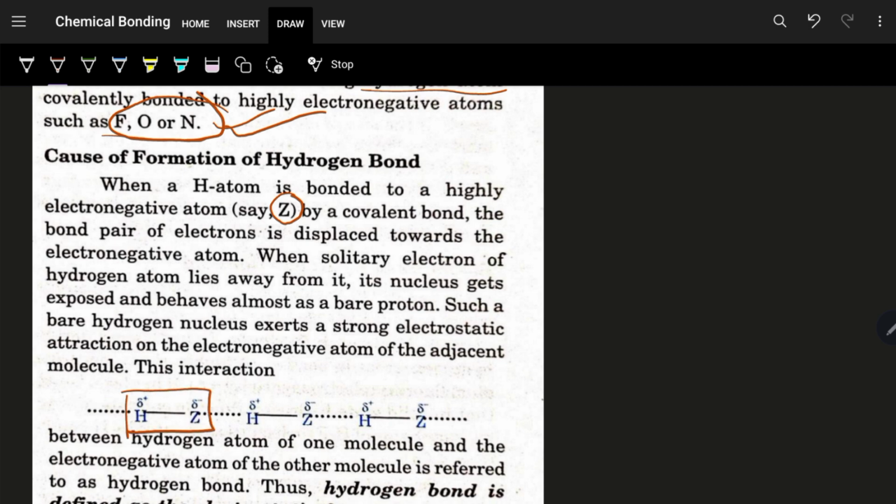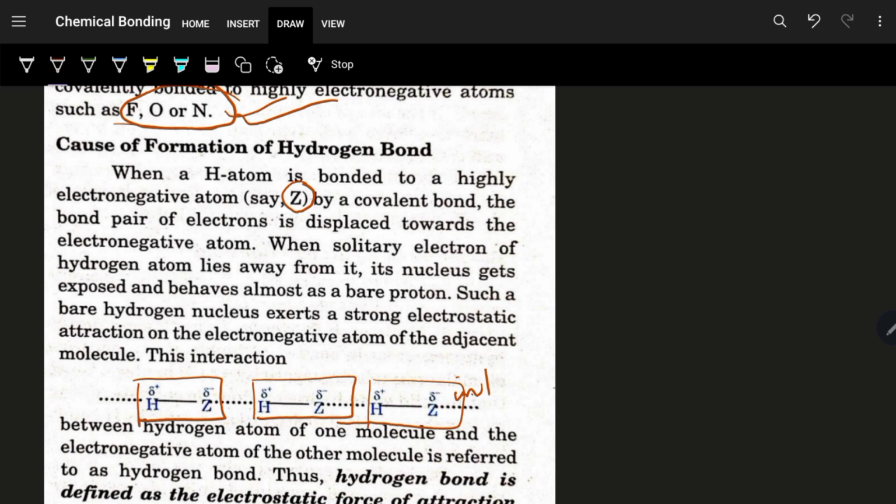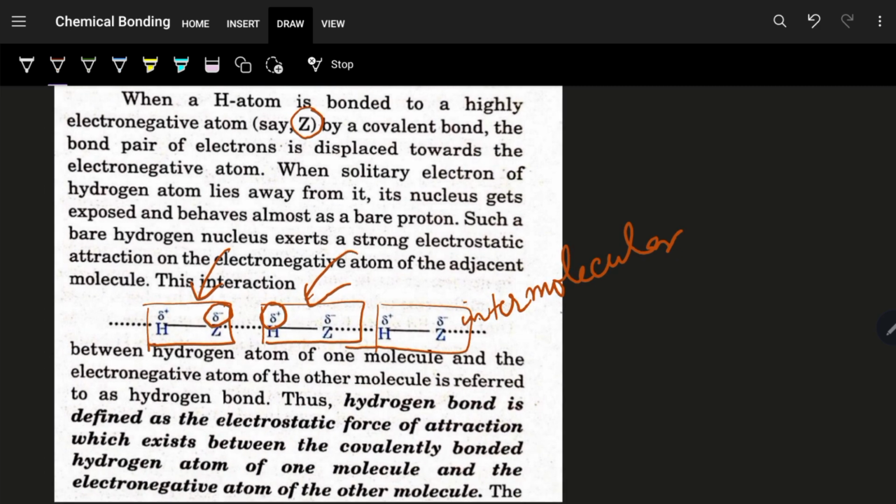The type of interaction that exists between the molecules HZ is hydrogen bonding, and the interaction shown over here is intermolecular hydrogen bonding. This is one molecule, this is the other molecule, and the interaction existing between delta negative Z and delta positive H is intermolecular hydrogen bonding.